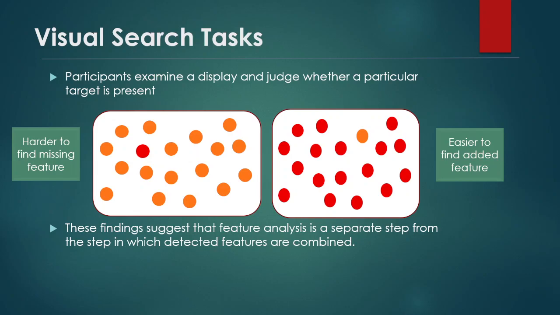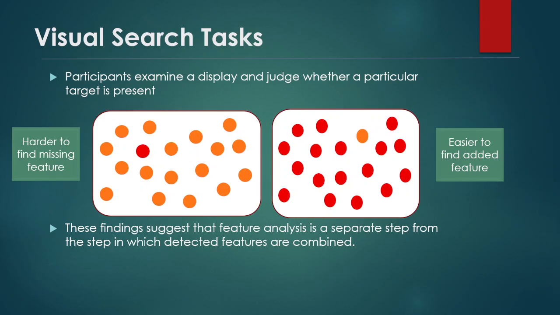at finding an orange spot or its type of thing, right? It could be a purple spot in a field of blues. It could be a green spot in a field of yellows. It's easier to find that than it is to find the one that's missing something, right? We've removed the yellow and now we're left with the red. It's easier to find something that has an added feature than it is to find something that has a missing feature.